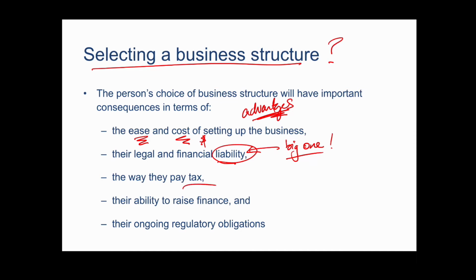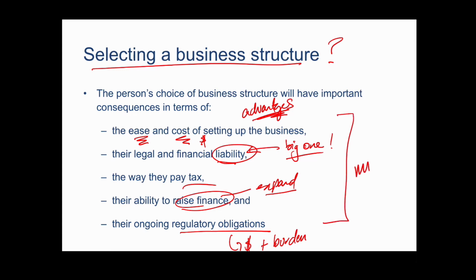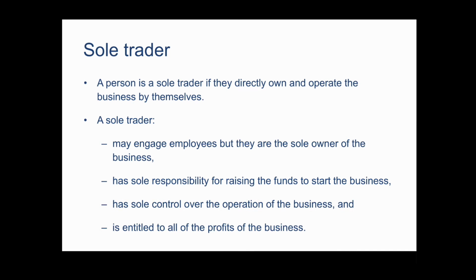There are tax advantages to some structures, the ability to get more money to finance for expansion, for instance. And also there are different regulatory obligations between the structures. So the ongoing costs and burden vary between the structures. And it's a mix of these things that go into the decision about which structure to actually employ.